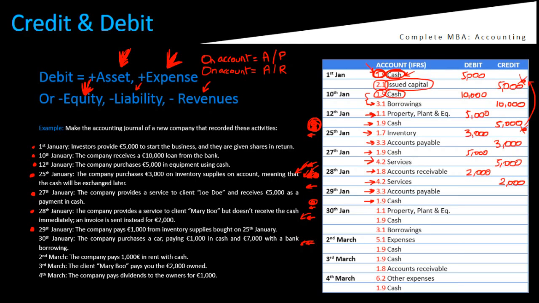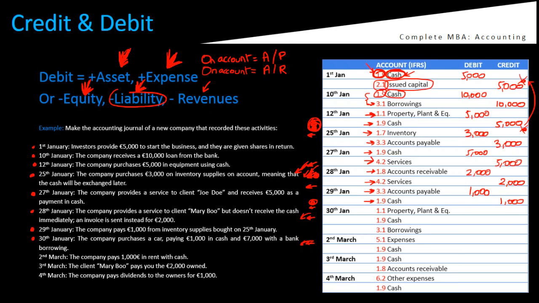No. Is there a decrease in liability? Yes. When we're paying in cash, we decrease the accounts payable. So we're decreasing a liability. We just identified the debit there. Now we just have to say how much we're talking about, which is 1,000 euro. So we put the 1,000 euro in accounts payable debit and 1,000 euro in the cash. Let's go to the next one. You see that I'm increasing the difficulty a little bit here so that you learn a little bit more. So the next one is the 30th of January.